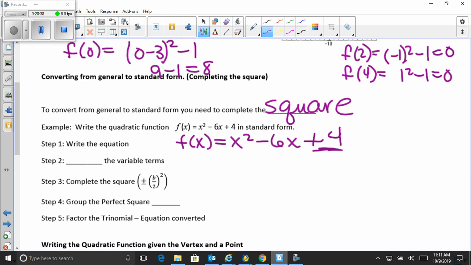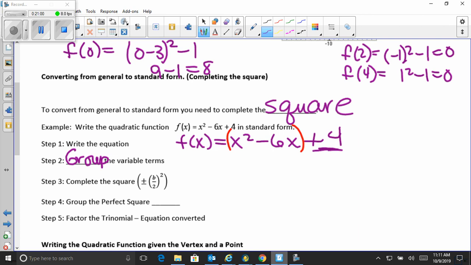First we're going to group our variable terms. That means these two are together. Those two together, I need to add something to it so that I can actually factor it. I need to complete the square by finding b divided by 2 squared.